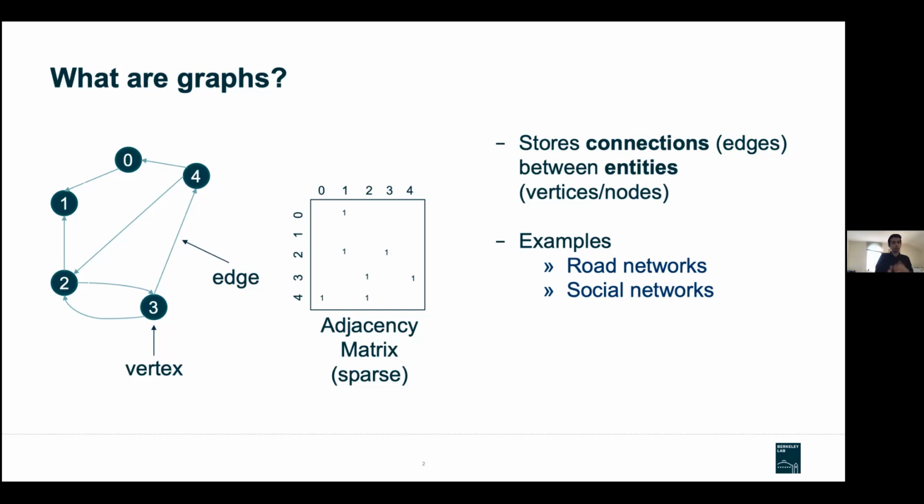But typically graphs are on the sparse side of the spectrum. And so we can use a sparse adjacency matrix to store them. So this again is just to form the foundation of what graphs are, so that we can apply some deep learning and graph neural networks to graphs essentially.